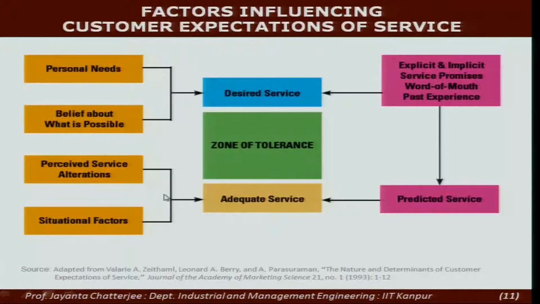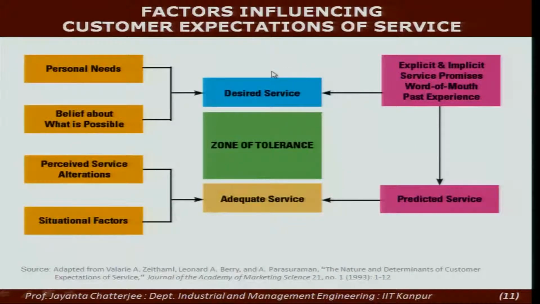On the other hand, based on service alternatives and situational factors, for example, if you are hungry, you are on the highway and you stop at a roadside dhaba, at that stage maybe your expectation is at this level, adequate service.